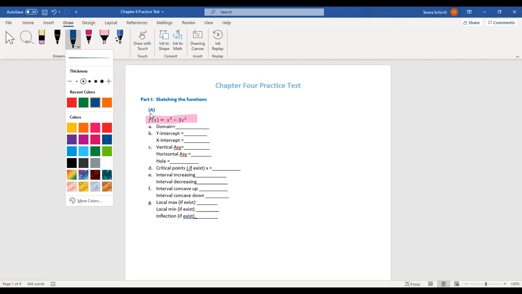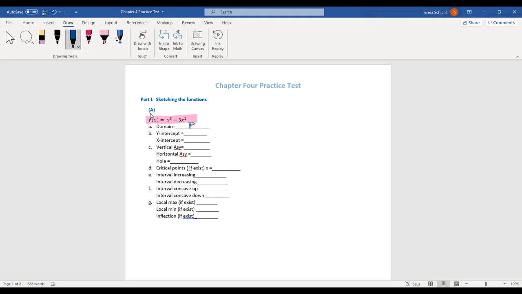First, take a look at this f of x equals x cubed minus 3x squared. This is a polynomial, so what is the domain here? The domain will be all the real numbers, so it's R. Then the next thing, maybe we can try to find the Y-intercept.